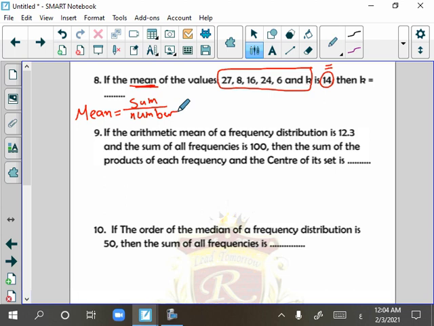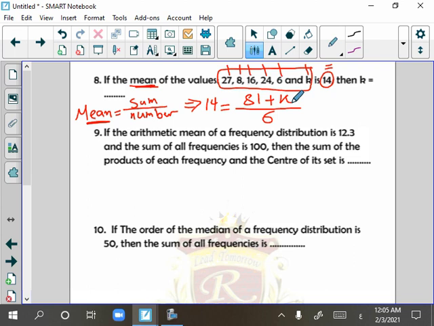Okay, we will substitute the mean with 14 equal, the number of values is 1, 2, 3, 4, 5, 6, and their sum will be 81 plus k.